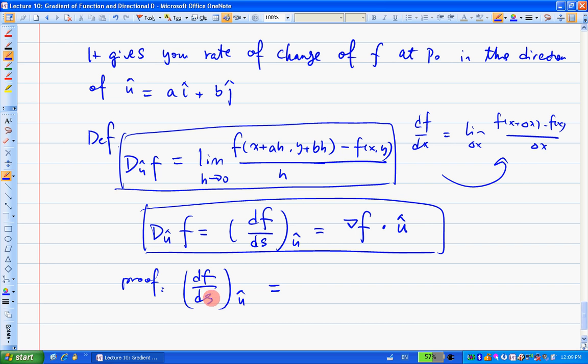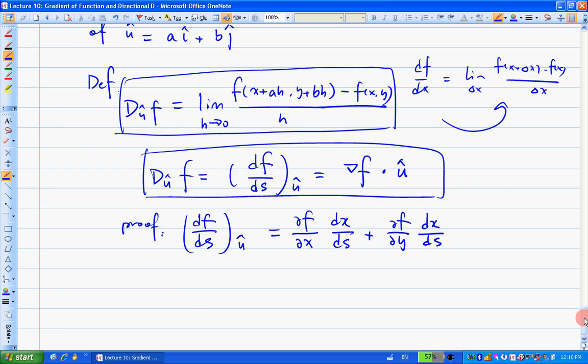Okay, so this is df over ds, and I'm going to use the chain rule, because f is a function of x and y, and you're moving with the displacement of s along the direction of u.